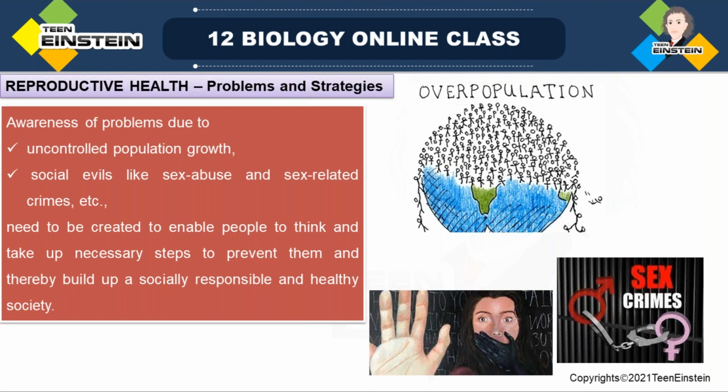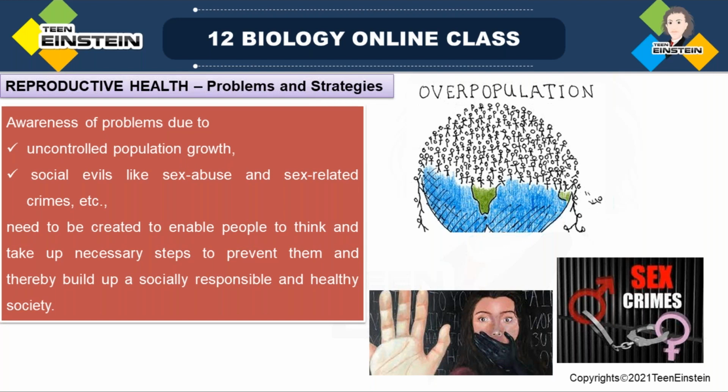We should transfer our knowledge to the coming generation so that they should be aware of the problems due to this uncontrolled population growth. Okay. And the social evils like sex abuse and sex related crime, that is increasing. So we should give awareness of that, and about the uncontrolled population growth also.